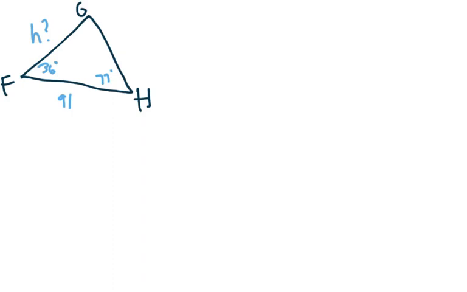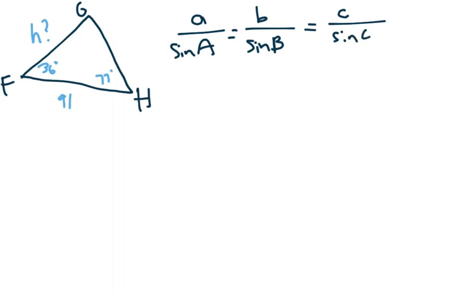Because remember, law of sines, when we're trying to solve for a side length, is a divided by sine of A equals b divided by sine of B, and that equals c divided by the sine of C. Now all I need is two pairs of angles and sides in order to actually do this problem.